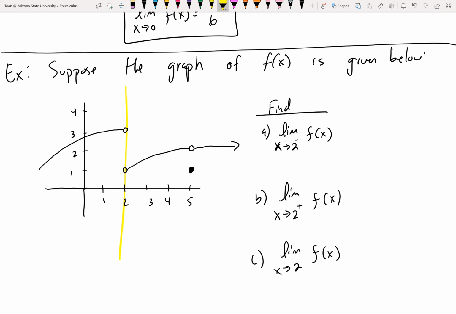To find out the behavior as x approaches 2 from the left, you have to basically trace the graph starting on the left and approaching x equals 2. I have to start on the graph, and approach 2 from the left. What y value is the graph getting towards?